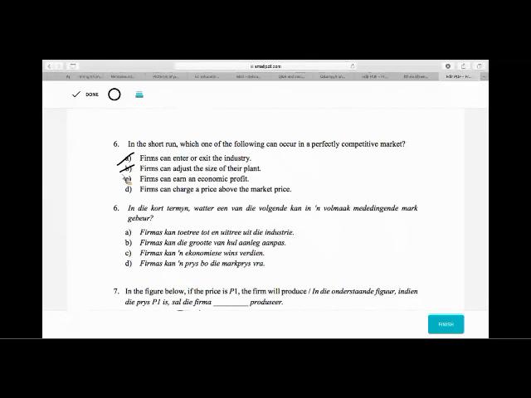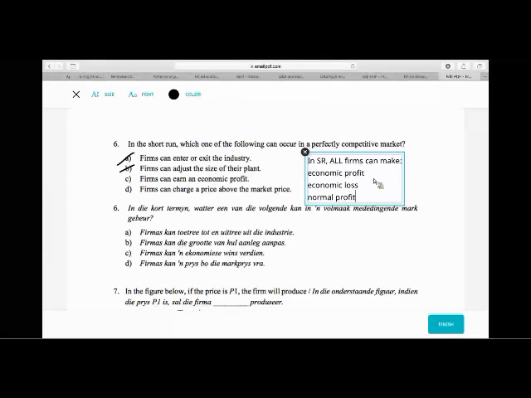In the short run, firms can earn an economic profit because in the short run, there are 3 potential outcomes. And this is true for any firm, not just perfectly competitive firms. In the short run, all firms can make economic profits, an economic loss, or normal profits.